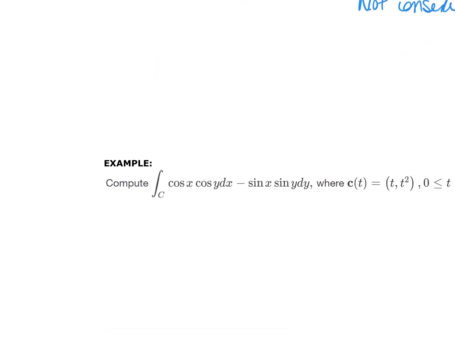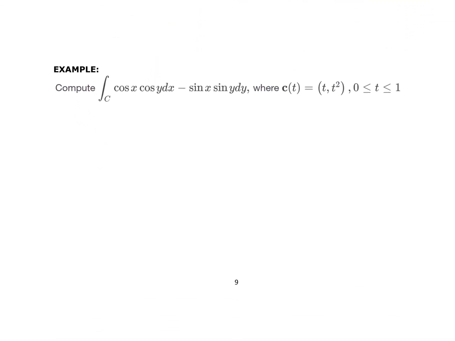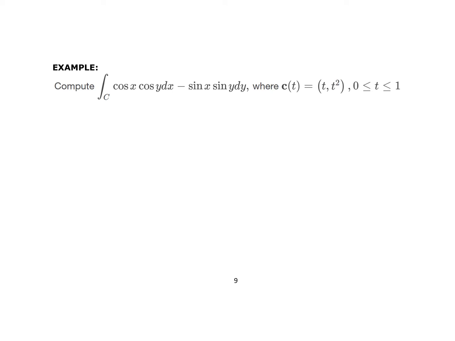So not conservative. All right, now we want to compute the integration across C of cosine x, cosine y dx minus sine x, sine y dy, where the function c of t is going to be t comma t squared, and t is going to run from 0 to 1.